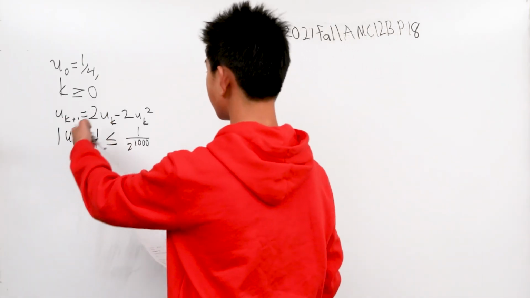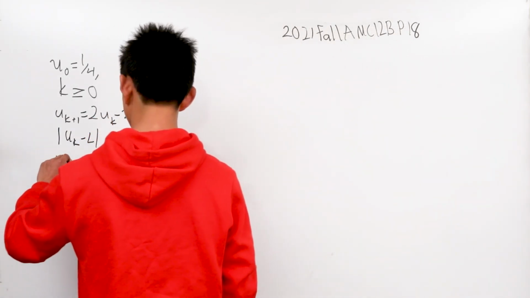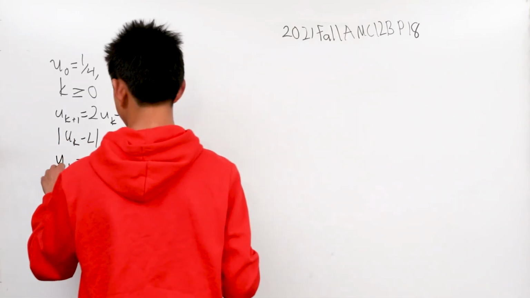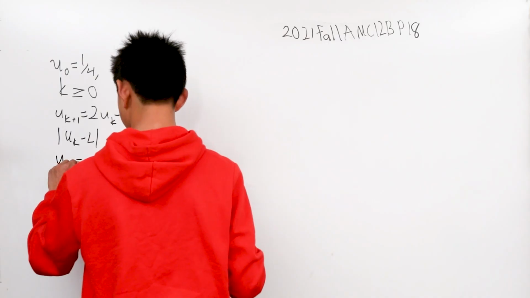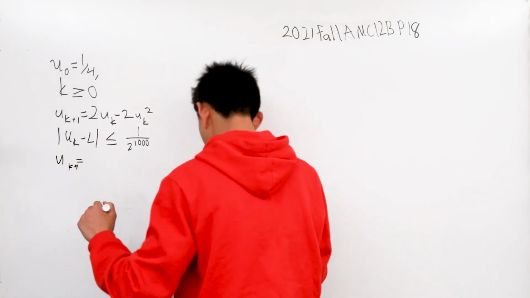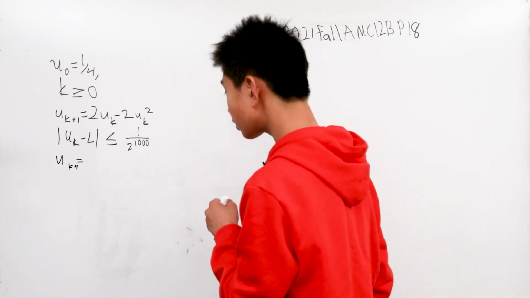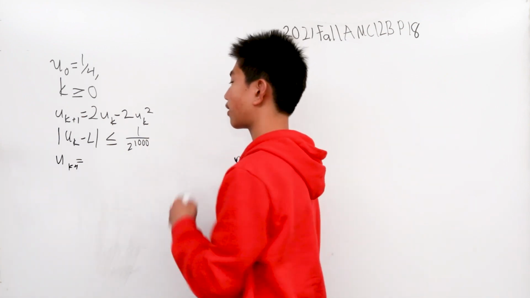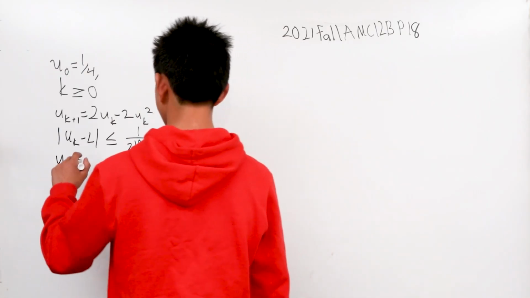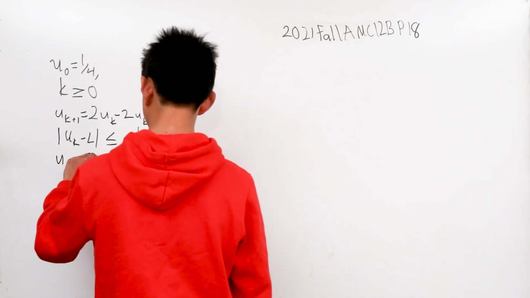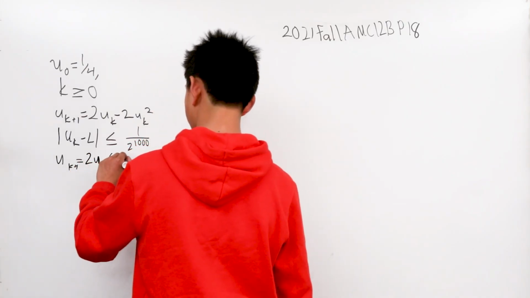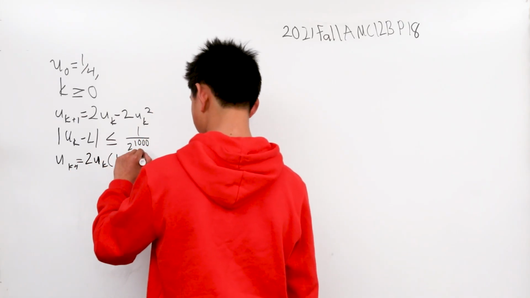Just in general, if it's u sub k plus 1, we can take this equation and factor out a 2 times u sub k to get 2 u sub k times 1 minus u sub k.